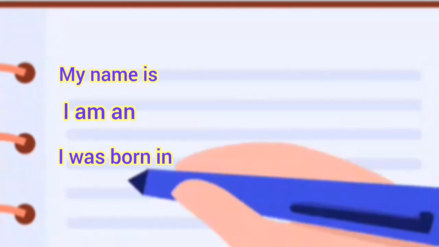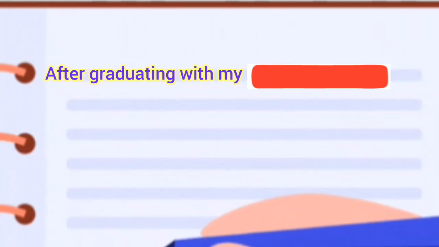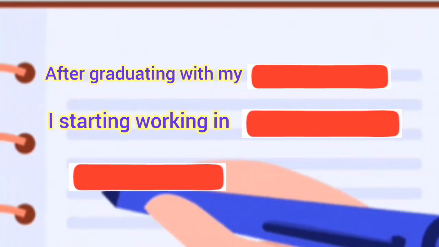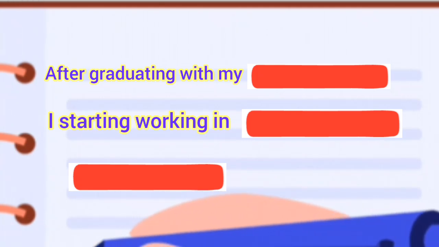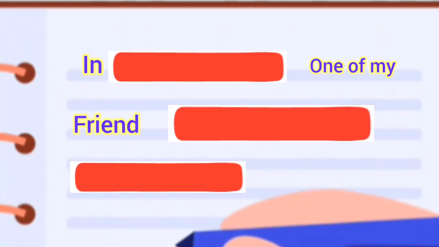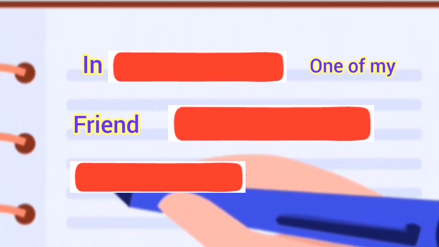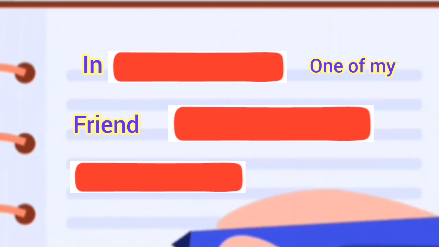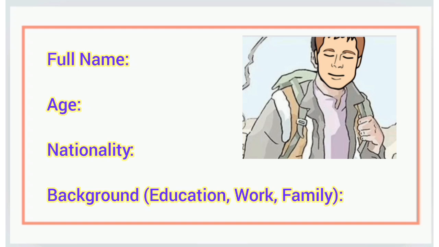The following template is provided as a guideline for writing a refugee story. Introduction: full name, age, nationality, background, education, work, family.